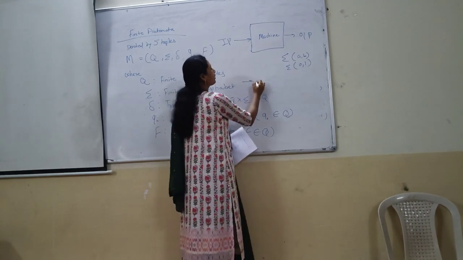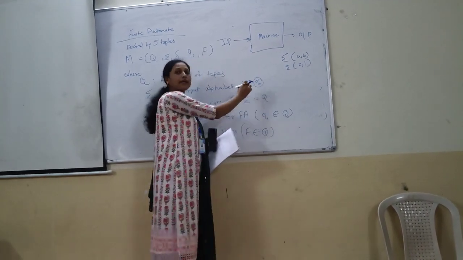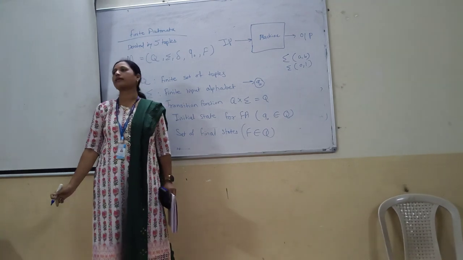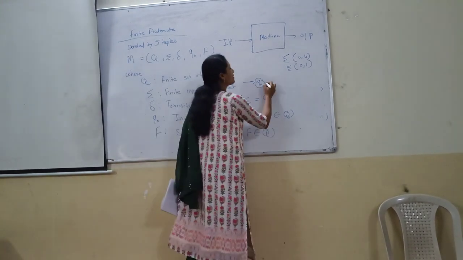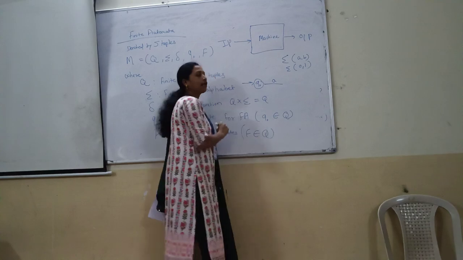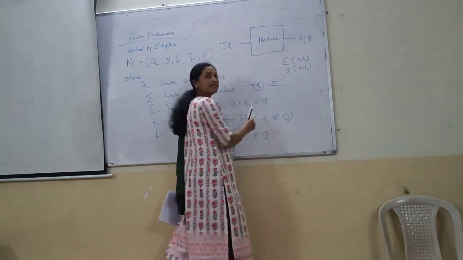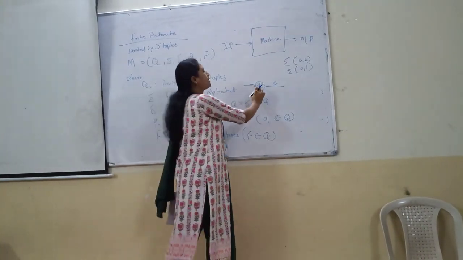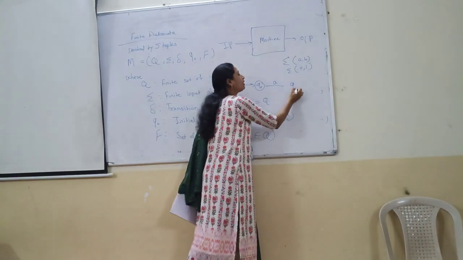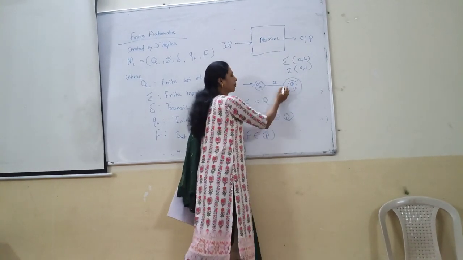If this is the Q0 state, my initial state, when I apply some input, for example sigma A, comma, B, at what state am I reaching?